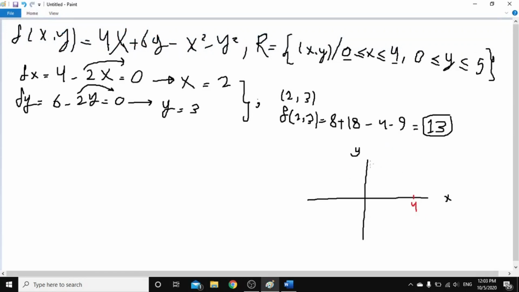And on the y-axis, y is greater than or equal to 0 and less than or equal to 5, which means that the highest value for y to reach is 5.